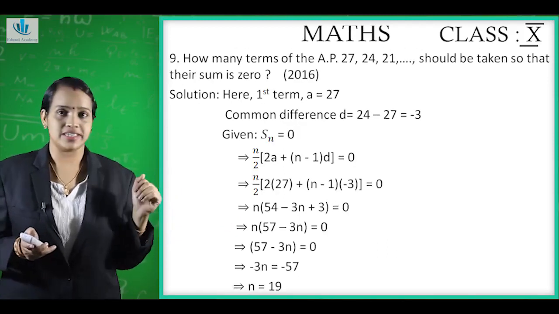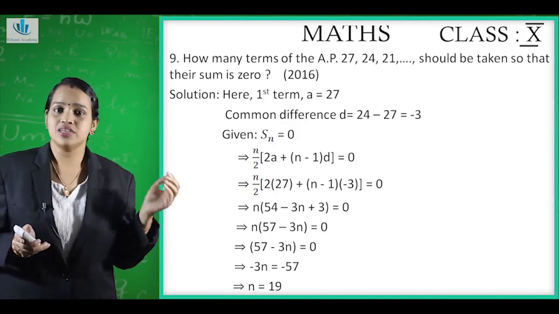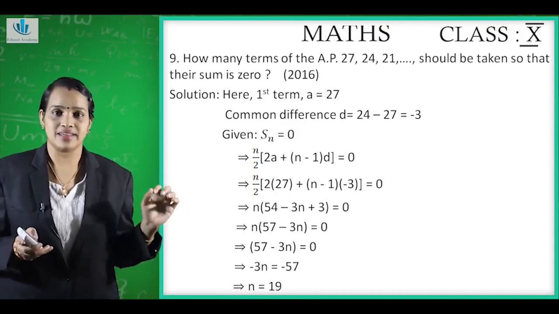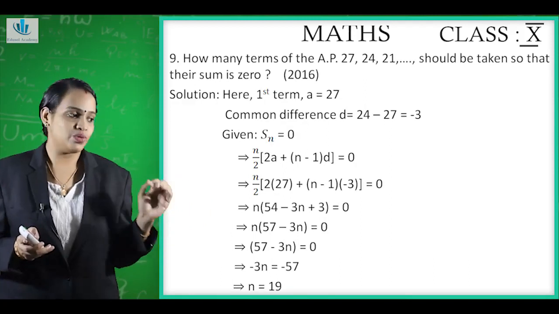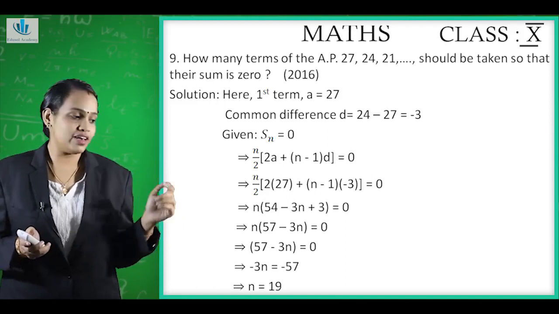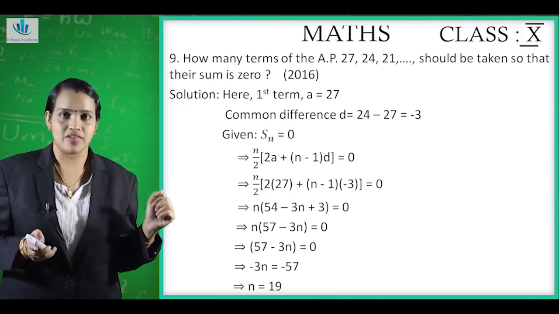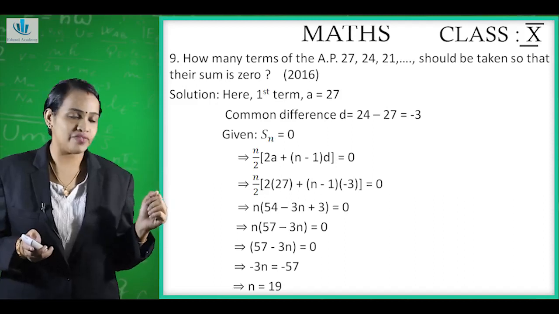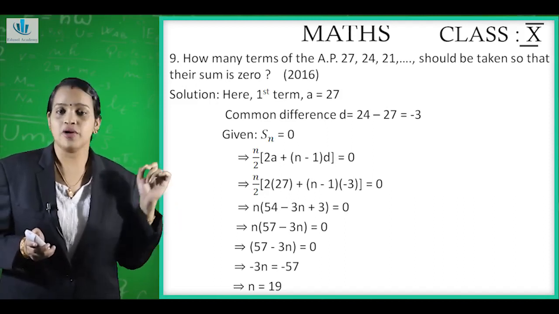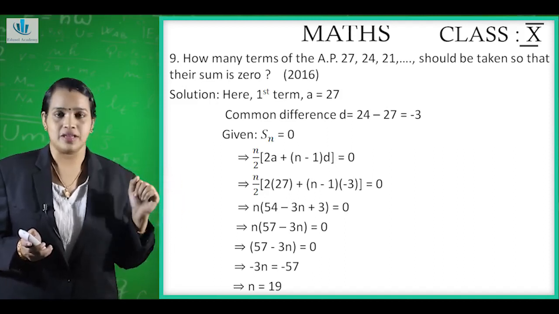Now the next question is, how many terms of the AP 27, 24, 21 should be taken so that the sum is 0? This question has appeared in the year 2016. Here you know the first term a is equal to 27. Now we will find the common difference. Common difference d is equal to 24 minus 27, which is equal to minus 3.